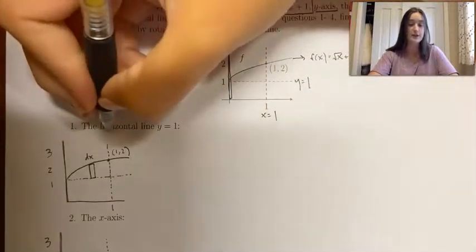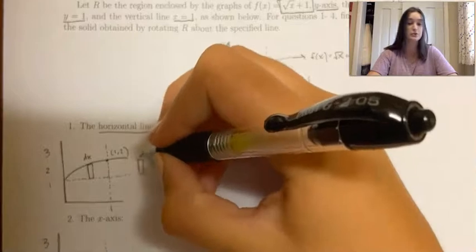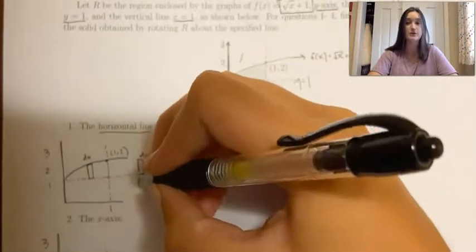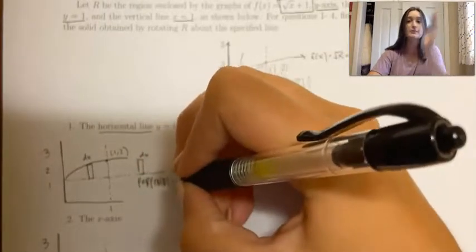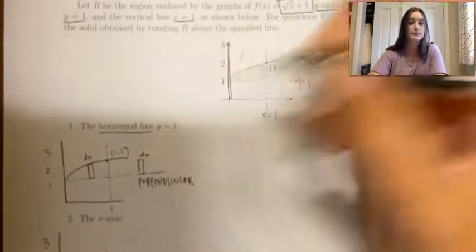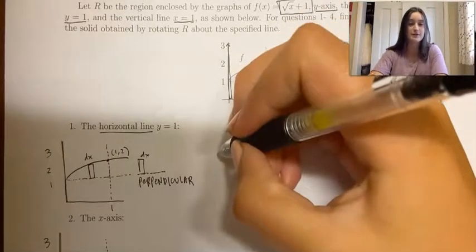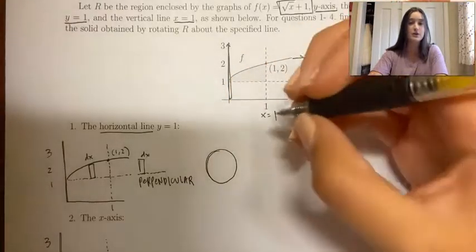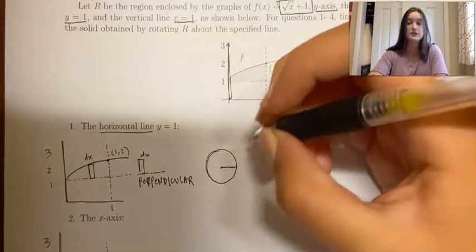So let's look at this. You can see that I drew a box perpendicular to the rotational axis, which in this case is the horizontal line. So I have what's called a dx box, which is just a box that stands up vertically. Okay. So I've got that perpendicular box that represents R, and what I'm doing here is drawing this circle, and that pretty much represents the part of that box that's touching the rotational axis.